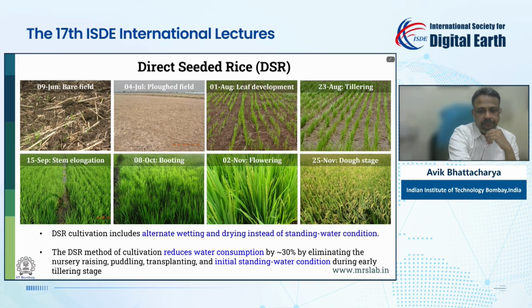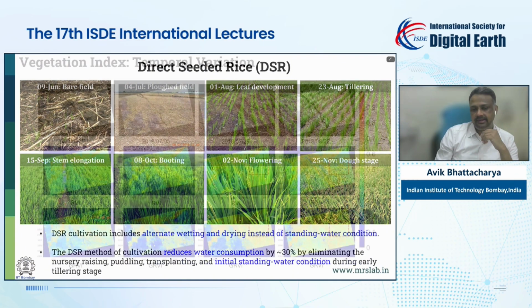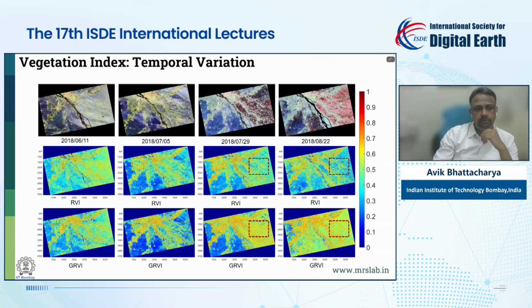Now, utilizing this information, when we have the full polarimetric SAR data, how can we assess this? The top row shows you the false color composite of full polarimetric SAR data from June to August, where you have the growing stages of rice. The middle row shows the conventional radar vegetation index, which has been there for a long time.